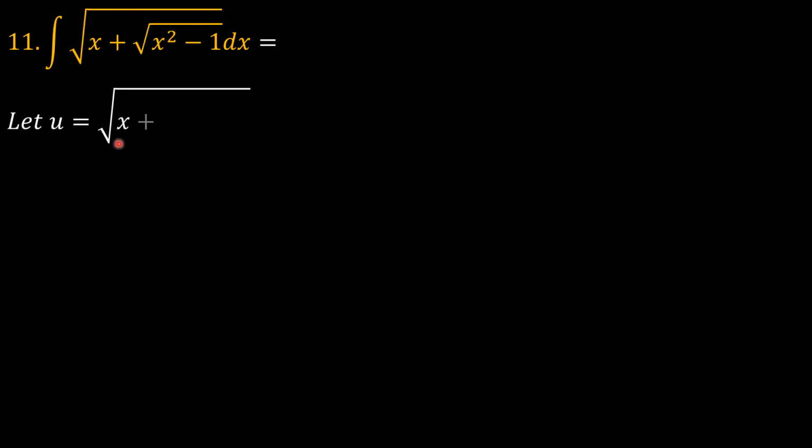The first method would entail substituting for the entire expression in the integrand. I'll begin by saying let u be equal to the square root of x plus the square root of x squared minus 1, so that when you square both the left and right hand side, you get u squared equals x plus the square root of x squared minus 1.